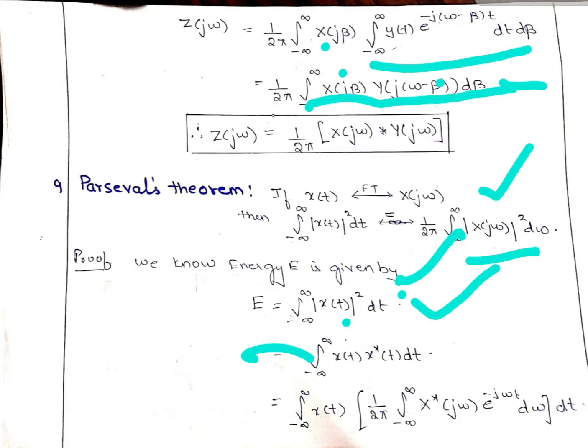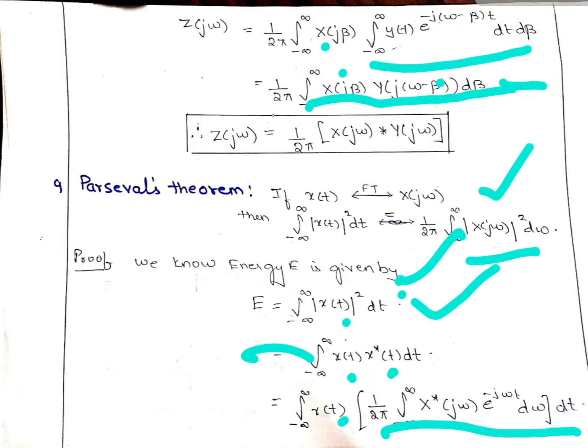So here |x(t)|² we will write as x(t) times x*(t), the complex conjugate. Therefore, for x(t) we write equation 1, the definition of x(t): 1/2π ∫ X*(jω) e^(−jωt) dω dt.